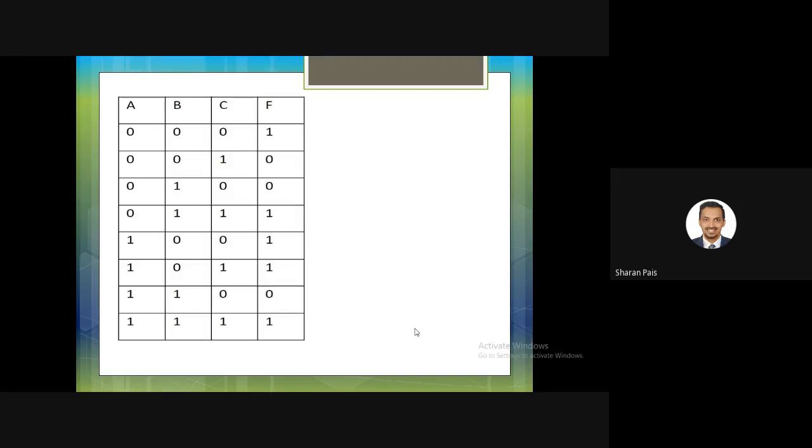Okay, note down the table. A, B, C are the inputs, F is the function, that is output.